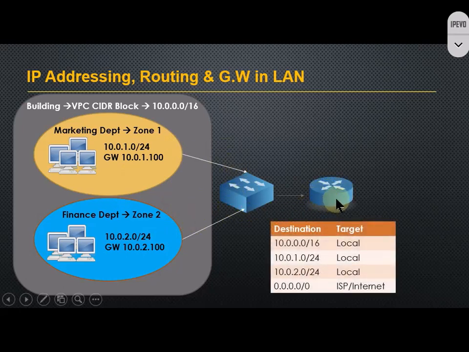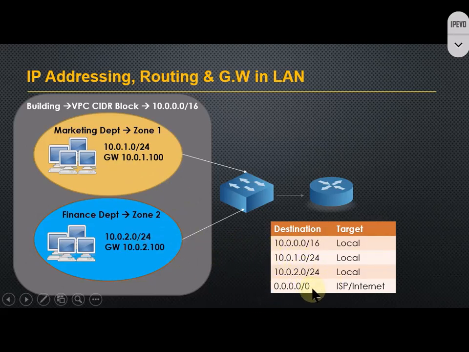which then is connected with the router. So what is the use of the router? We have already talked about it. If the marketing department in availability zone number one wants to communicate with the finance department, we'll have a router. So as you can see, 10.0.0.0/16 is going to be your CIDR block, and these belong to the marketing department and finance department accordingly.